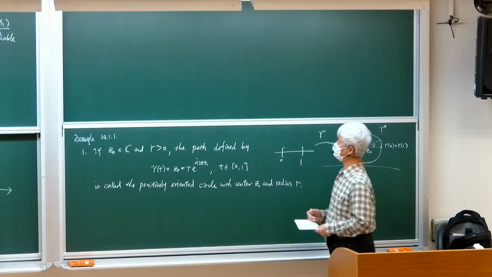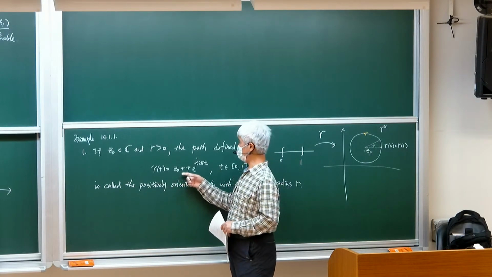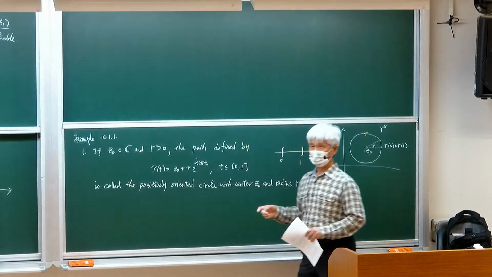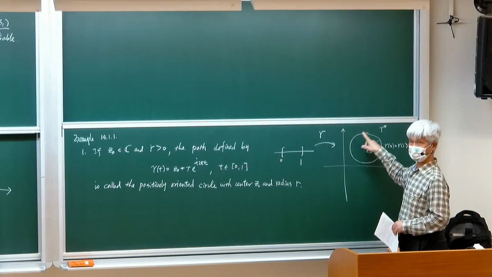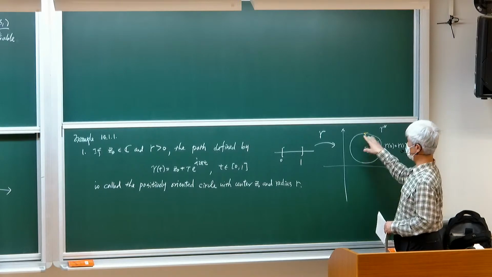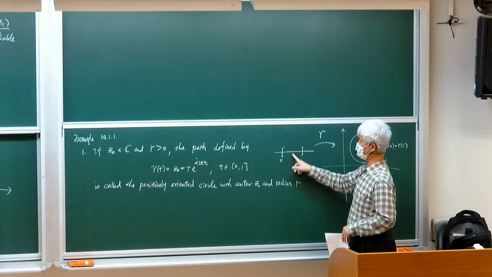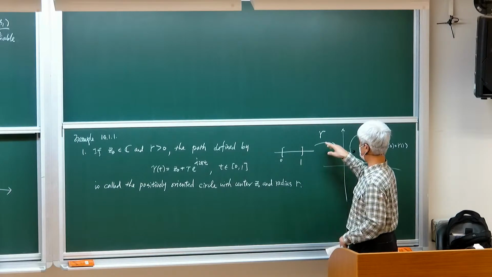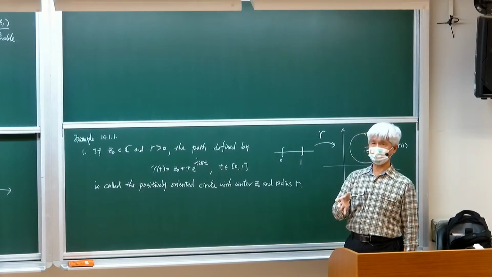And it's a very useful parameterization of this circle. So the image is a circle here, and with this parameterization, gamma defines a positively oriented circle.